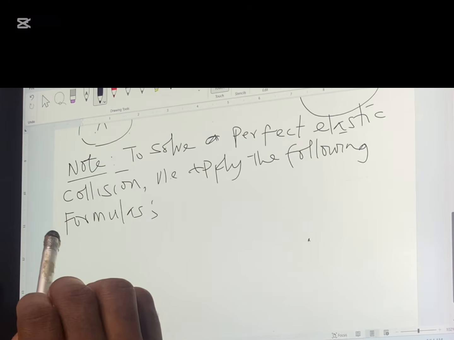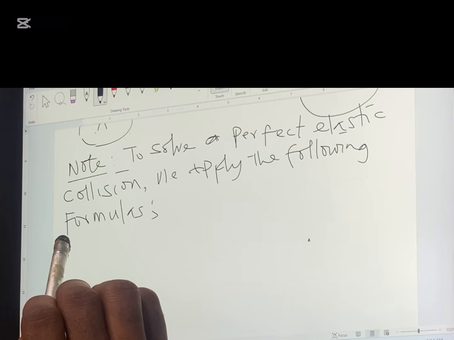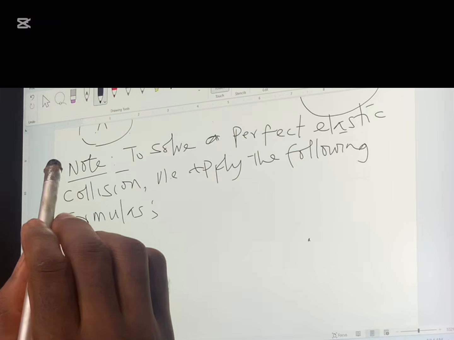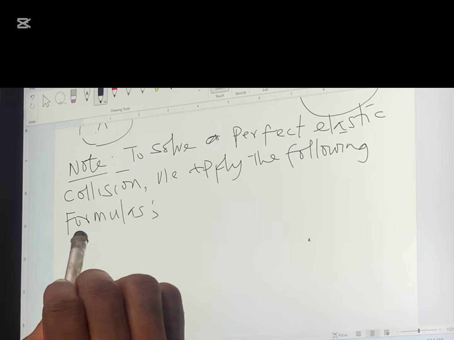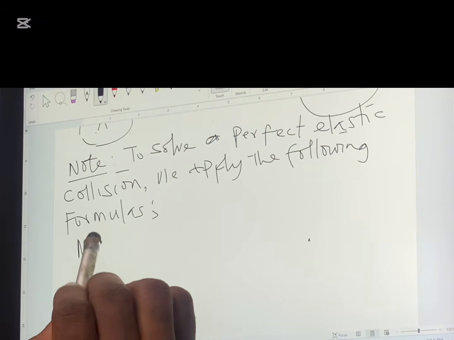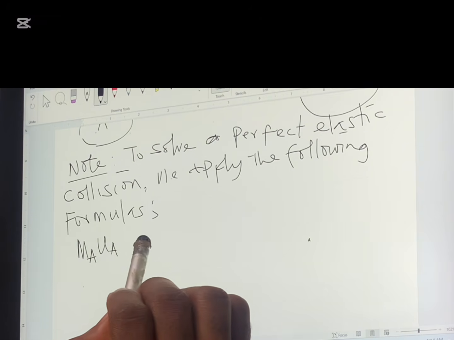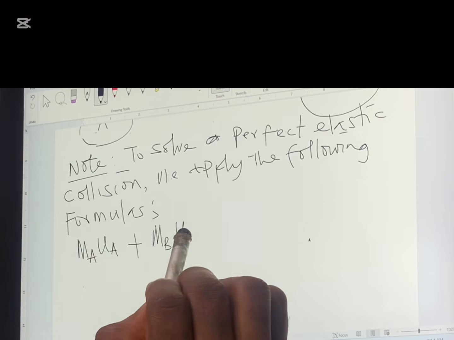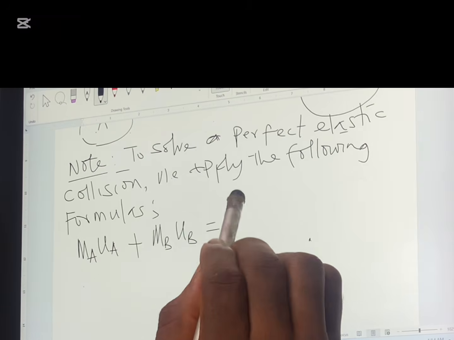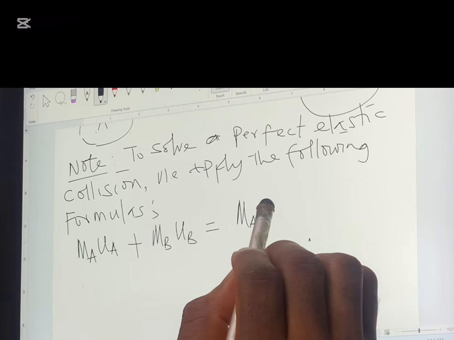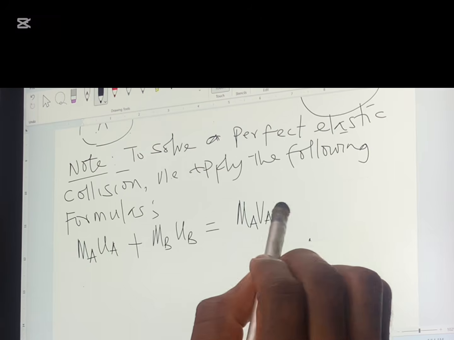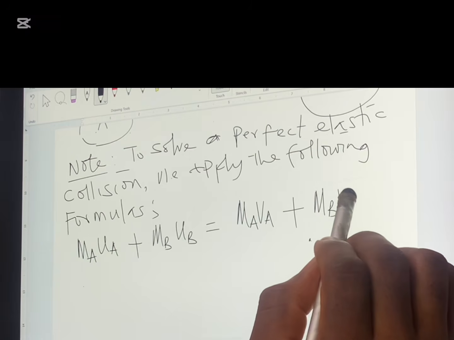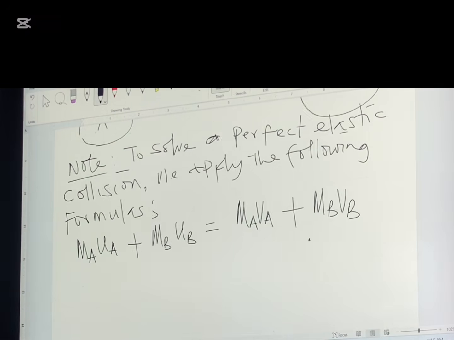The first one here is for conservation of linear momentum, but writing this with respect to the equation given to us there, I will have m a instead of m1, u a instead of u1, plus mb instead of m2, ub instead of u2, is equal to ma instead of m1, va instead of v1, plus mb instead of m2, vb instead of v2. Please take note.